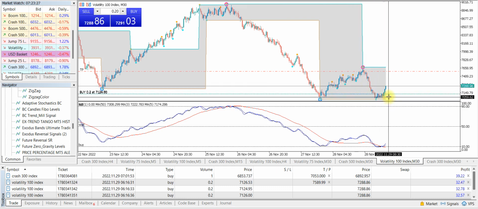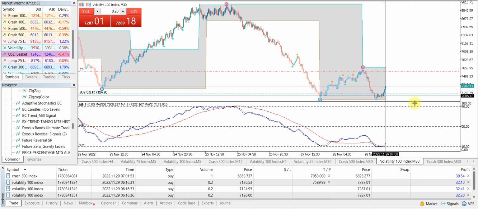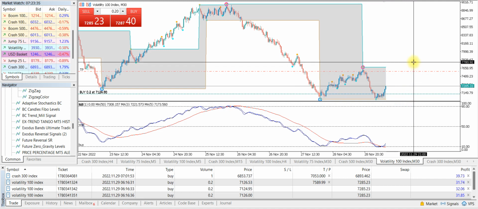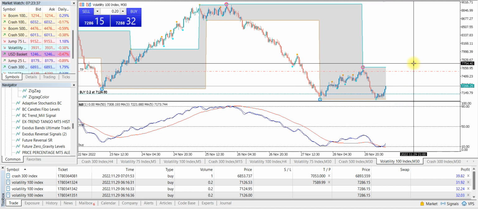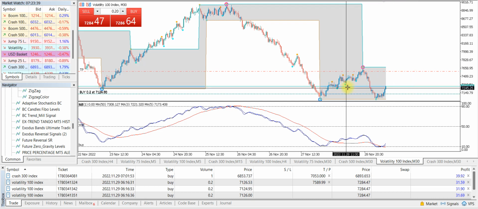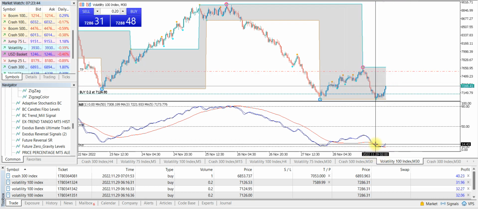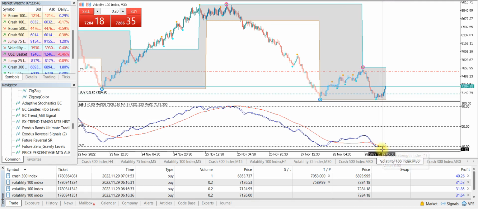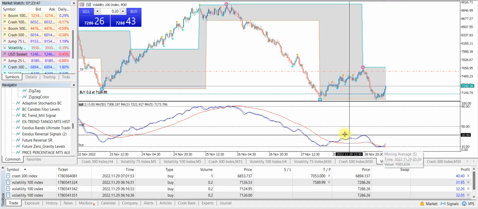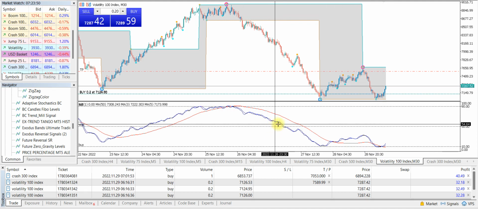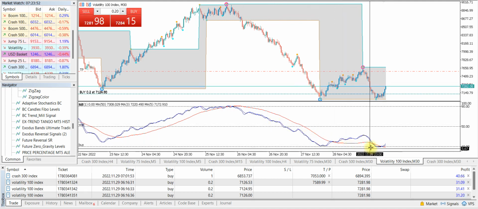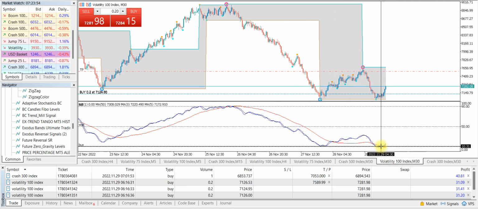Now, the conditions that will make you take an active order should be two conditions. You can decide if you are going to be a day trader or swing trader. It will be ideal that you wait for two confirmations. The first one is that if you are buying, you should have the market at the oversold level. These lines, this moving average stuff and the RSI stuff, must be at the oversold level.